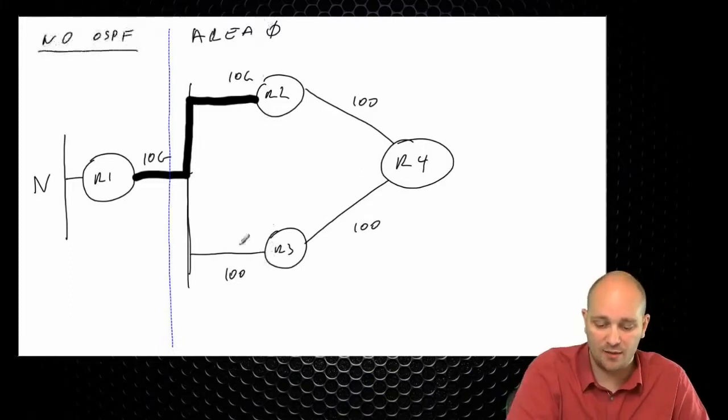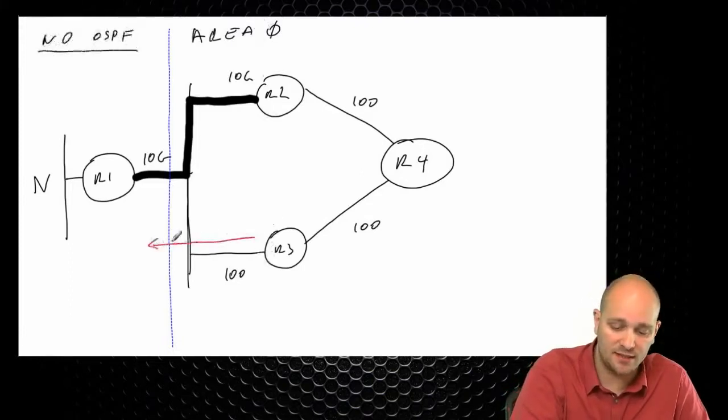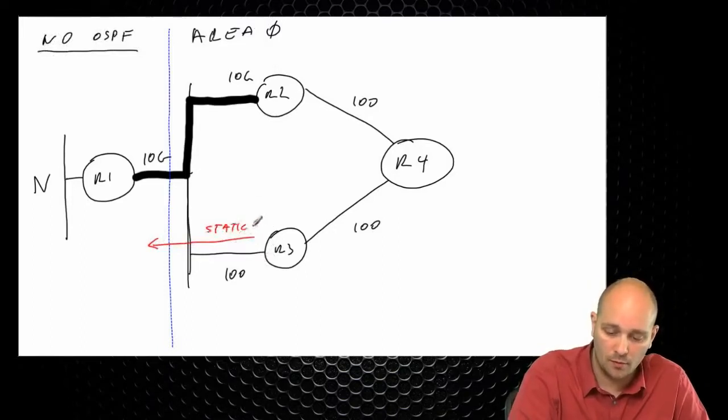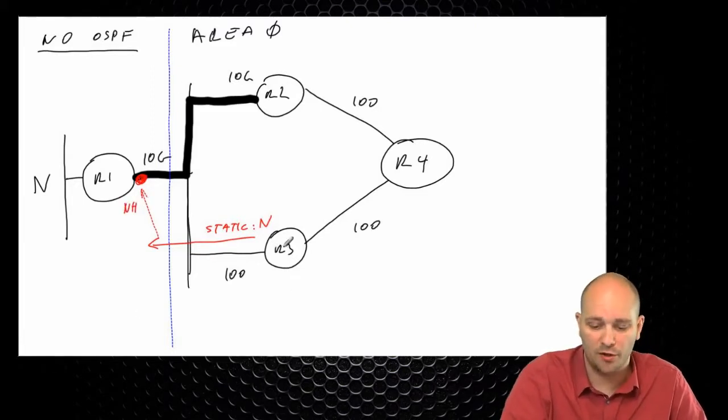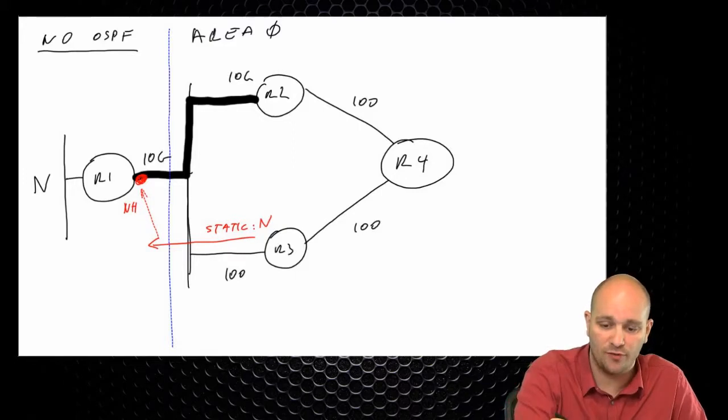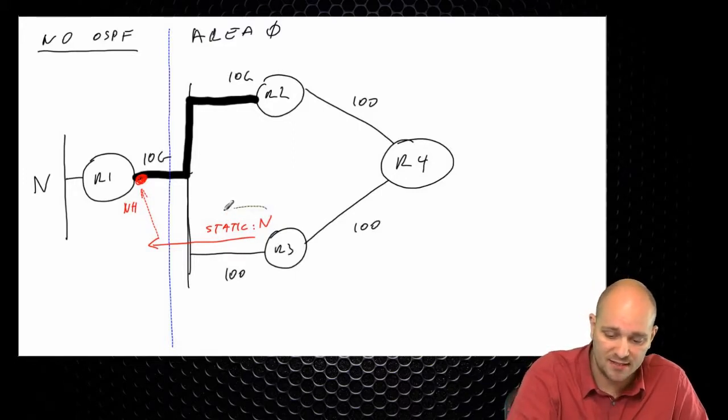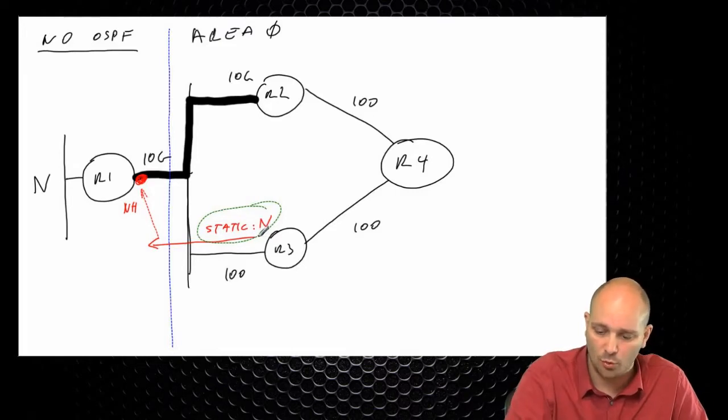And let's say that we had on R3 a static route for N that uses this as the next hop. So this interface here is the next hop. And let's say that on R3 we actually have configuration that takes this static route and redistributes it into OSPF.